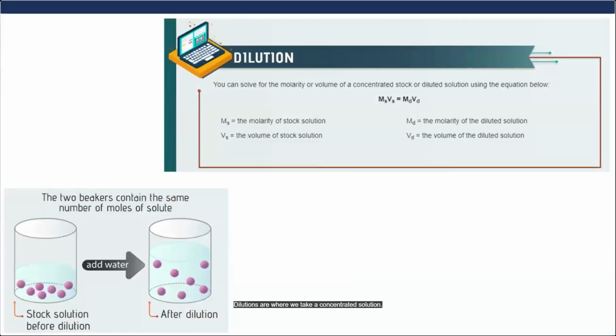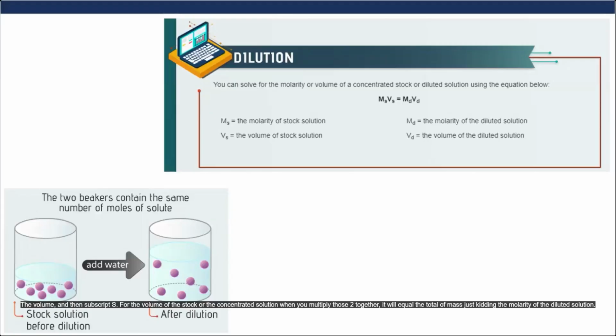Dilutions are exactly what we're going to be doing today. Dilutions are where we take a concentrated solution, we remove a small portion of it, put it into another container, and then add water. So we will dilute it or make it weaker. Oftentimes you will see it as M subscript S. So that's molarity of the stock or the molarity of the concentrated solution.